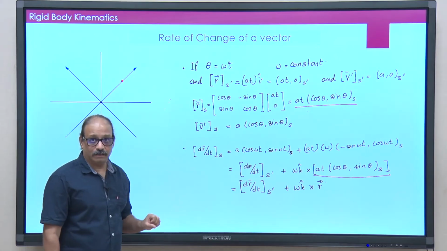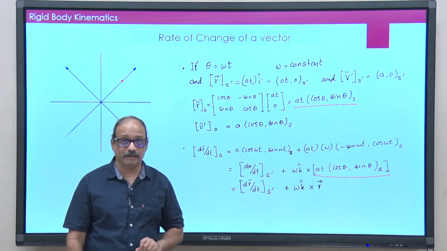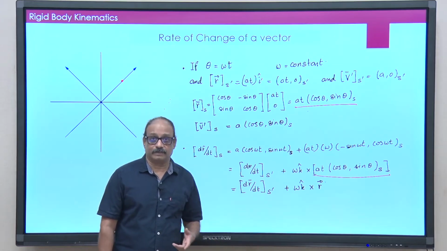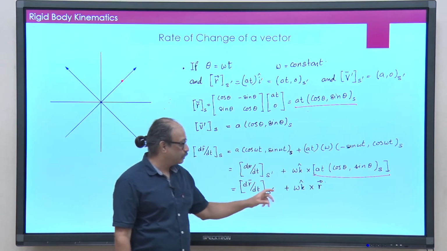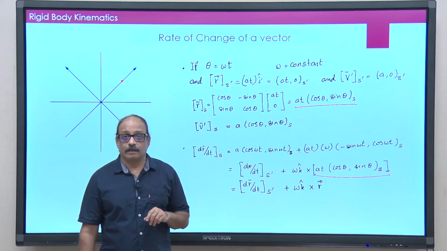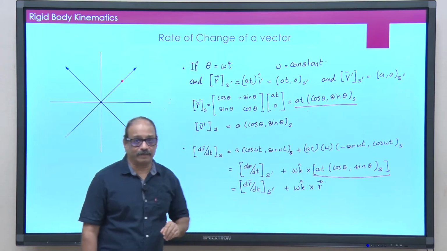The velocity measured in S frame and the velocity measured in S prime frame are different. They are not the same vector anymore, and the difference between the two is basically omega k cross r. Now, you take the r out of the entire vector equation.